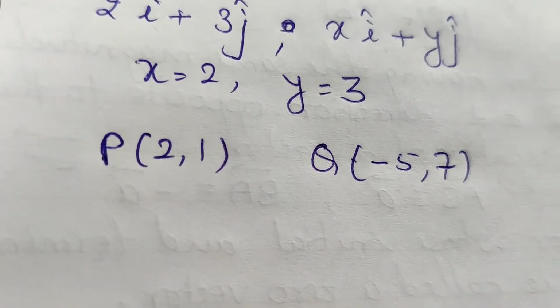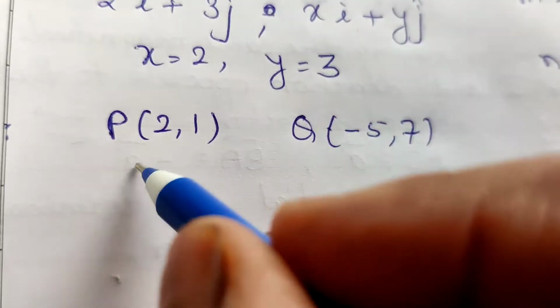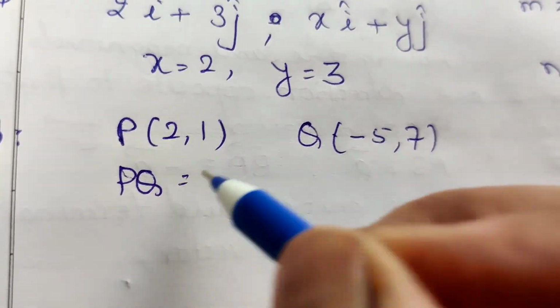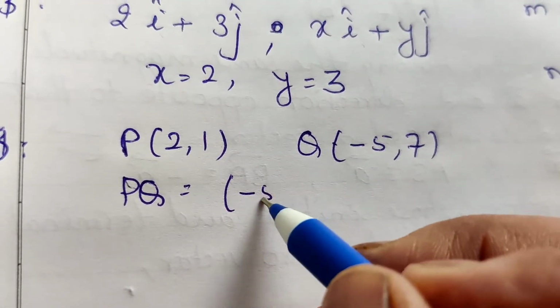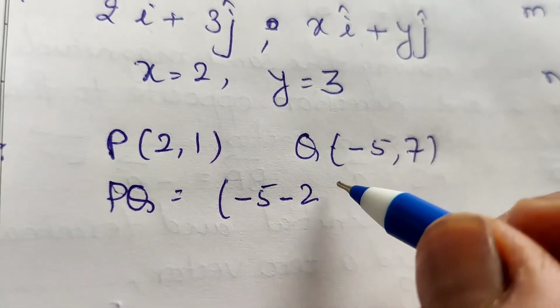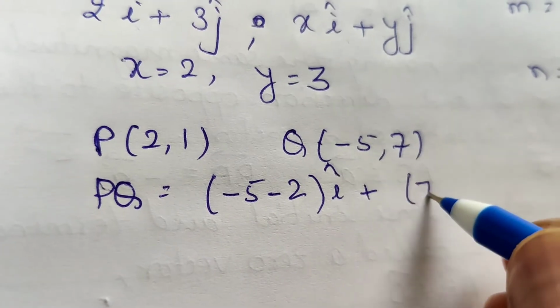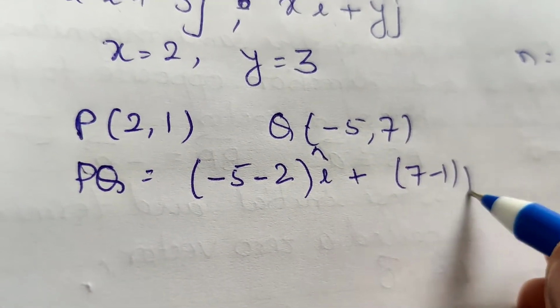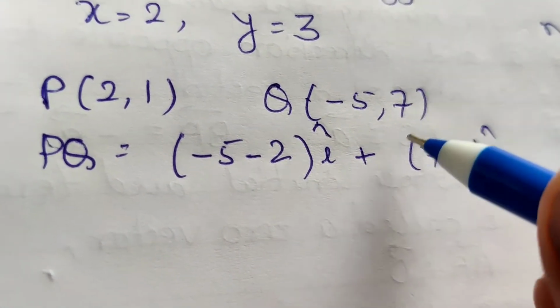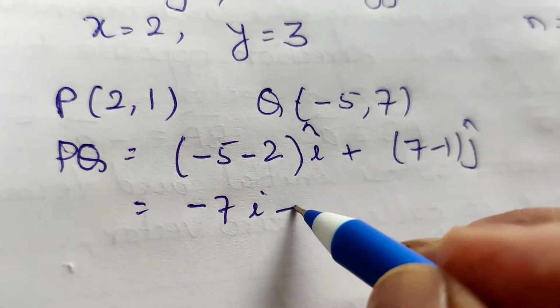The vector PQ equal to x2 minus x1 i, this is the i component, -5 minus 2, and next 7 minus 1 j component. Okay. Now the vector is -7i plus 6j.